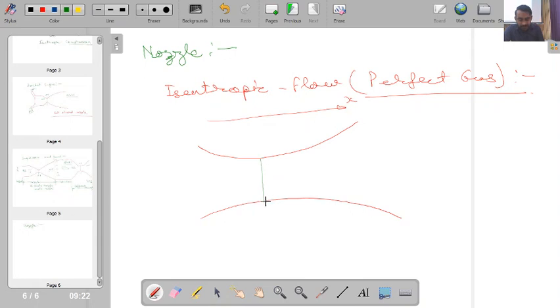So this is the point of minimum area, and from the previous lecture, I gave you the 4 different conditions, and corresponding to Mach number equal to 1, I told you that dA by A becomes 0. It means we have some minima over there. Mathematically we had 2 situations, either there can be minima in area or maxima in area, but from the physical perspective we found that there is a minima in area.